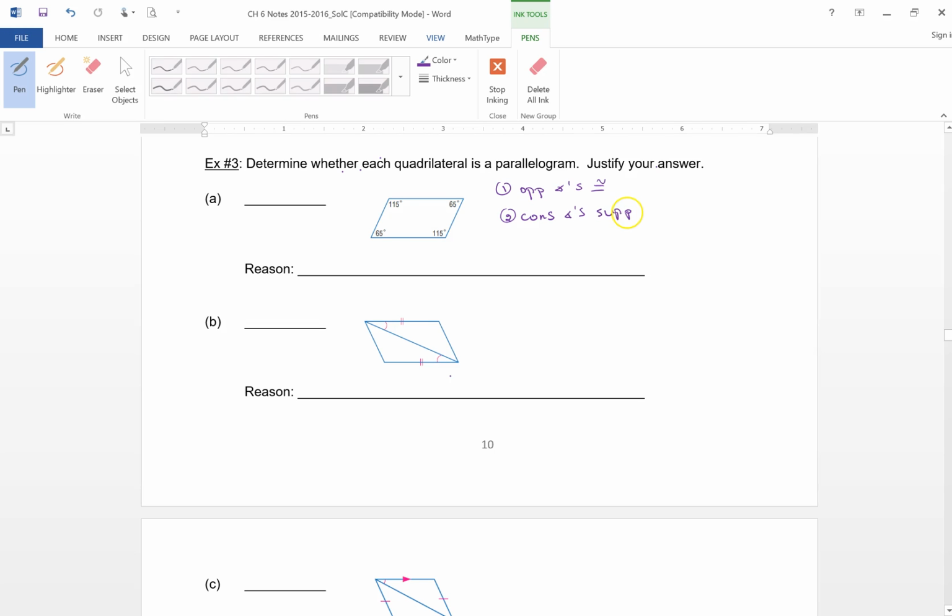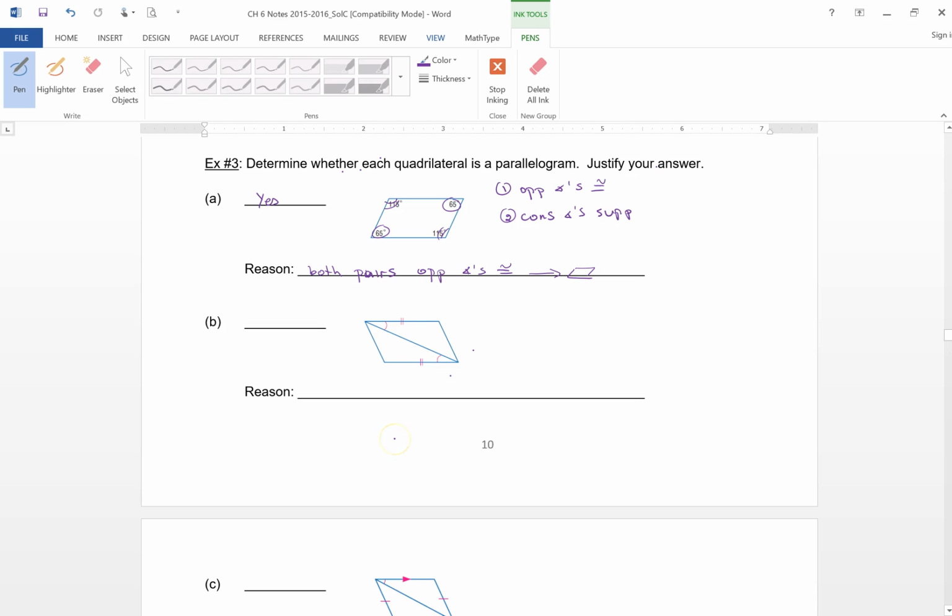So let's see here. Opposite pairs of angles here are congruent. So yes, this is a parallelogram because both pairs of opposite angles are congruent.